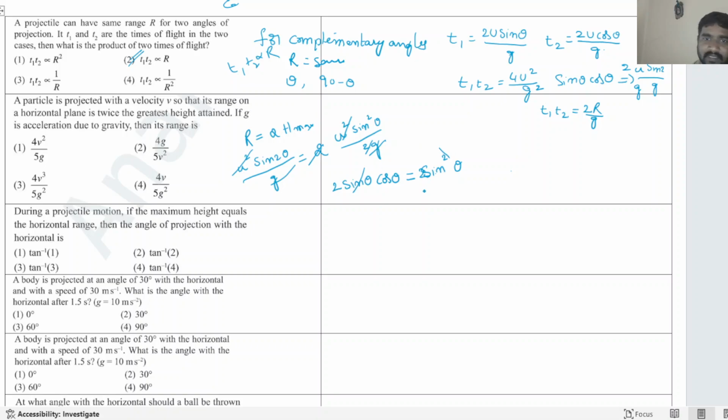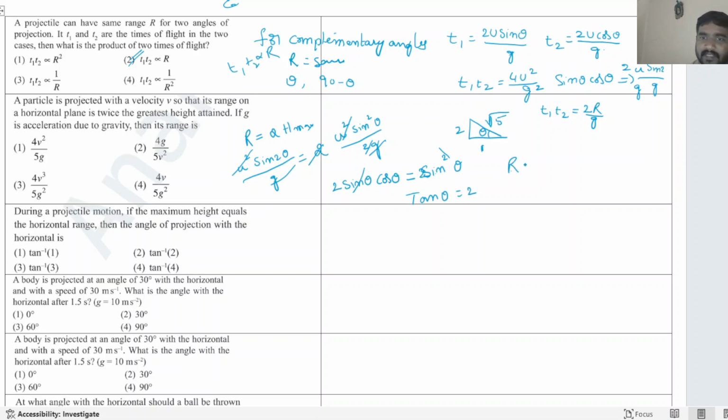Sine theta cancels. From this equation, you get tan theta equal to 2. Now you can draw a triangle. Taking the base as theta, tan theta is 2 into 1. Opposite divided by adjacent, therefore the hypotenuse value is under root 5.